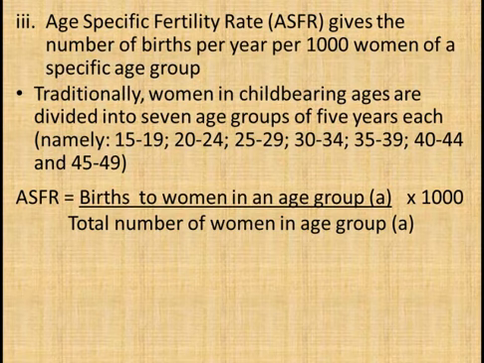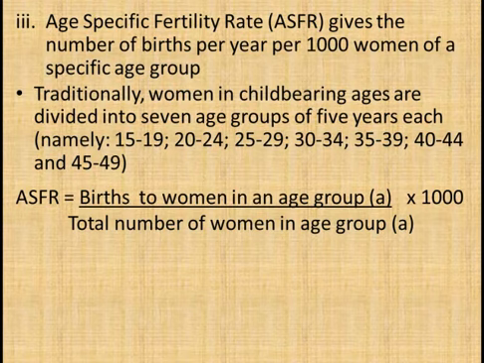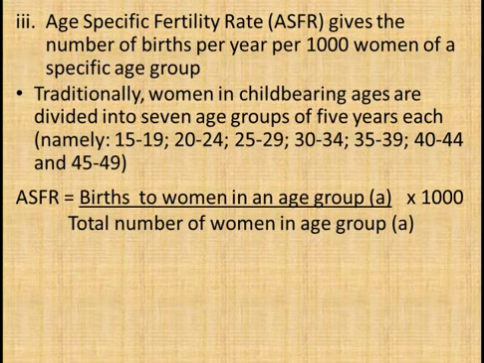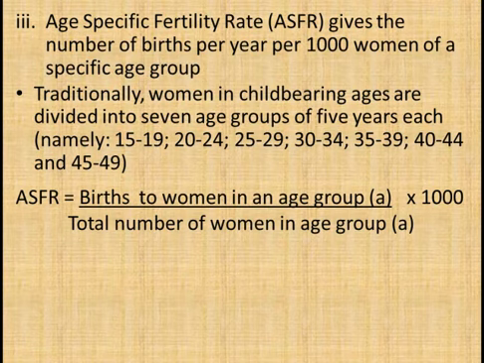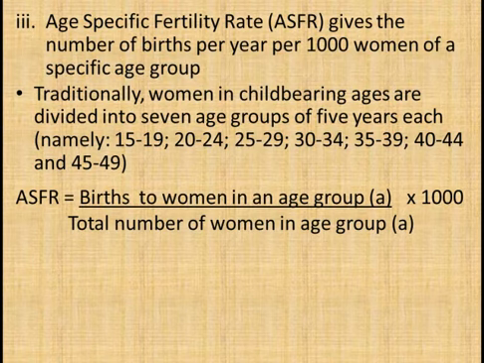Assuming our age group A in the formula is the age group of women aged 30 to 34 years. This formula tells us that the age-specific fertility rate will be found by dividing births to these women aged 30 to 34 by the total number of women in that age group.